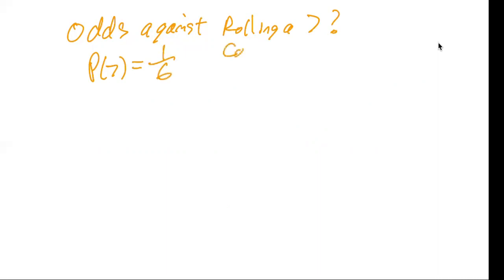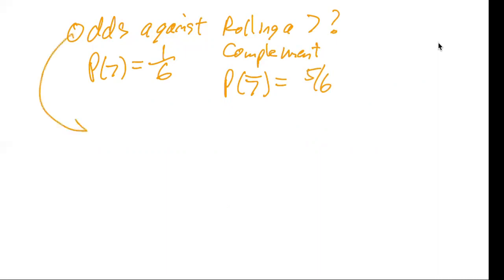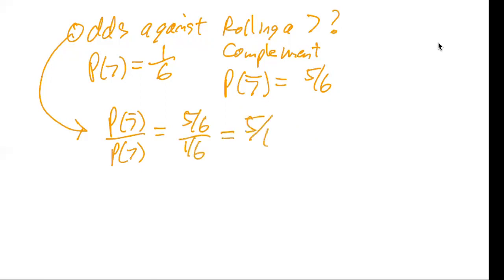So the complement, which would be the probability of not 7, is 5 out of 6. We know odds against are the probability of the complement divided by the probability of the event, which is 5 over 1. We would write that as 5 to 1.